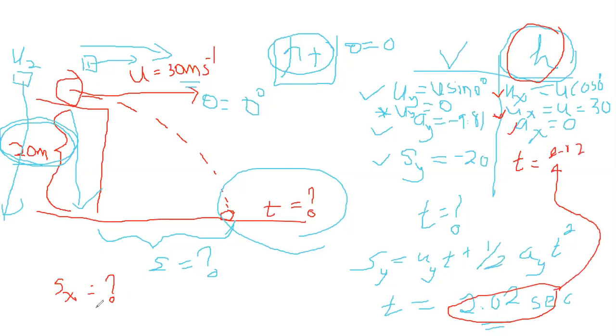So use Sx equals Uxt. You don't need to write the half axt squared part because Ax is 0. Just stop here. Sx equals Uxt. Okay, so the answer was how much? It's 60.6. 30 times 2.02 is 60.6.